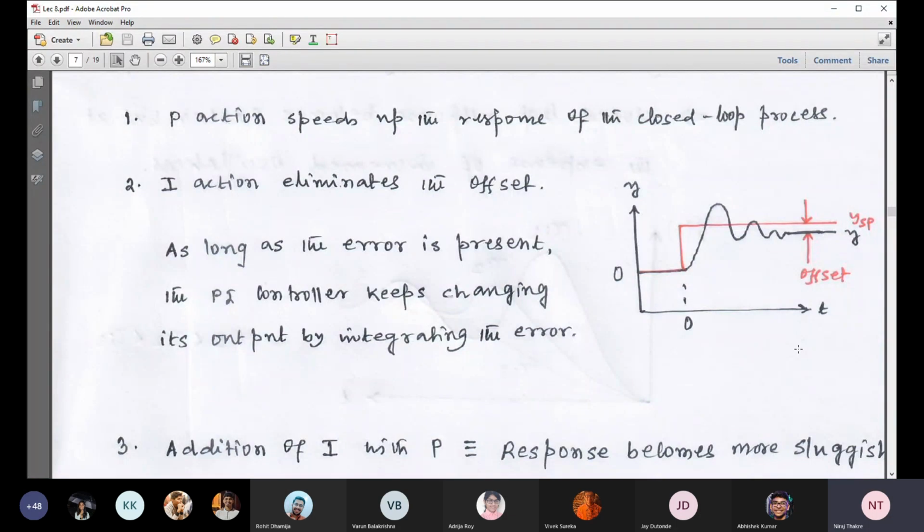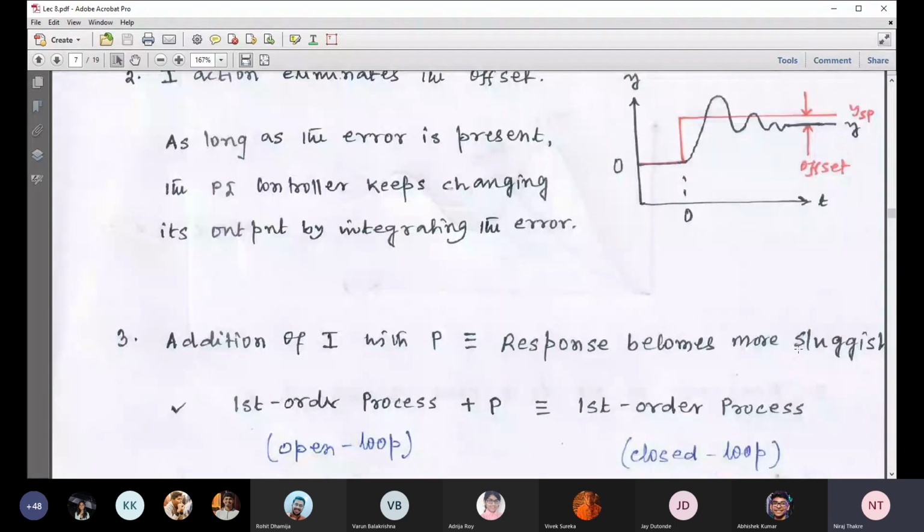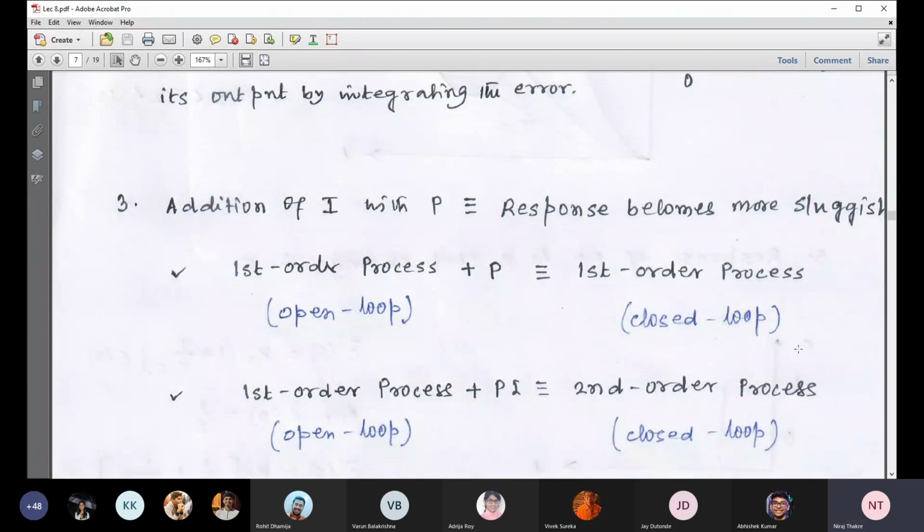But if you just add integral action with P, you will see that your response is becoming sluggish. Now, question is why? This is the answer for P only controller. This is the answer for PI controller.